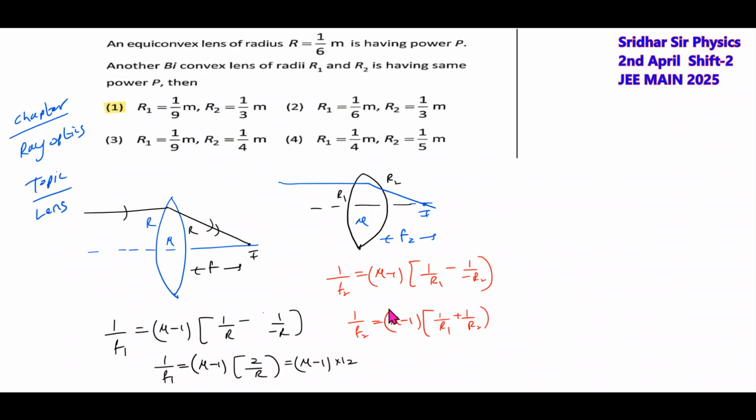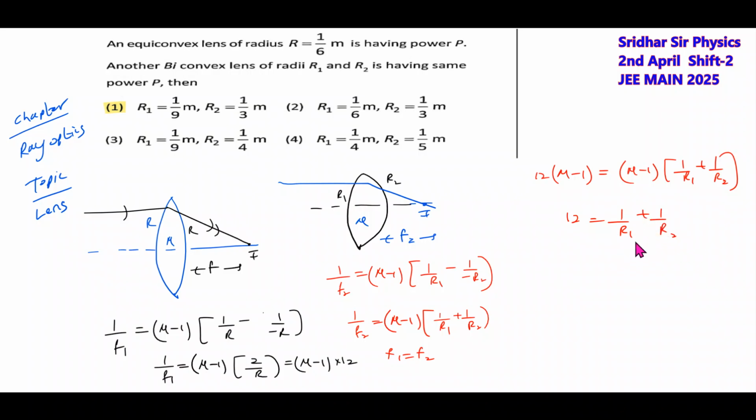Having the same power means f1 equal to f2. So substituting this value here, 12 into mu minus 1 equals mu minus 1 into 1 by r1 plus 1 by r2. So 12 equal to 1 by r1 plus 1 by r2.